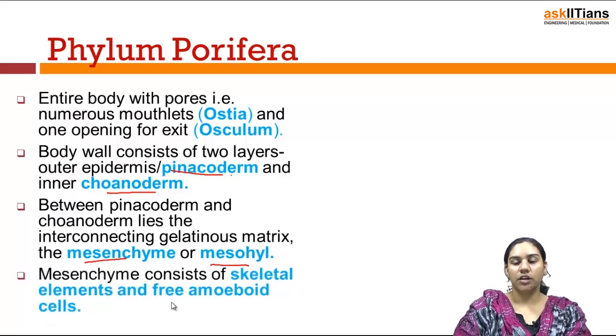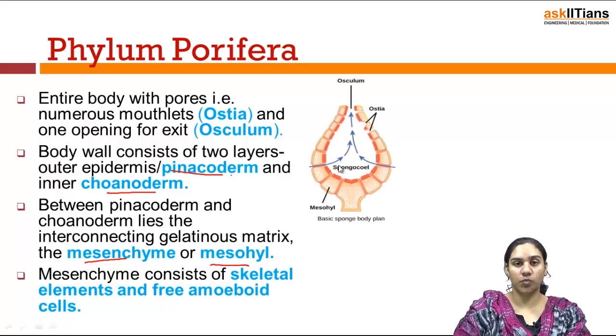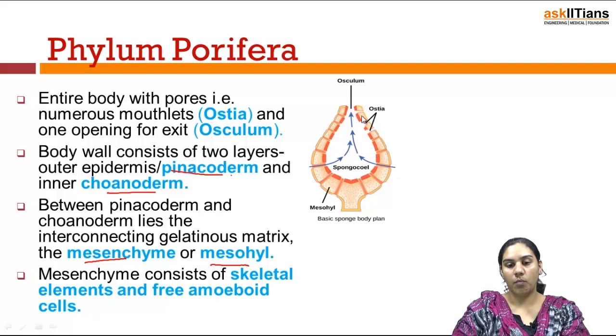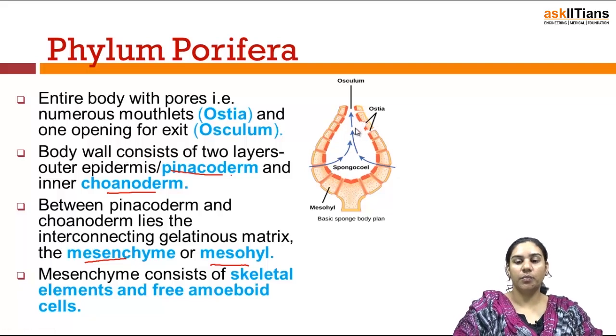Here you can see the basic sponge body plan, in which there are numerous ostia or the pores you can see on the body of the sponge. The body cavity of the sponge is known as the spongocele, and the cavity for the exit is known as the osculum.